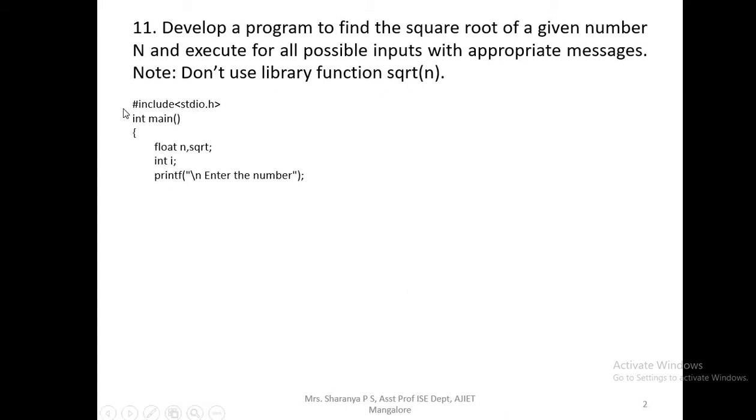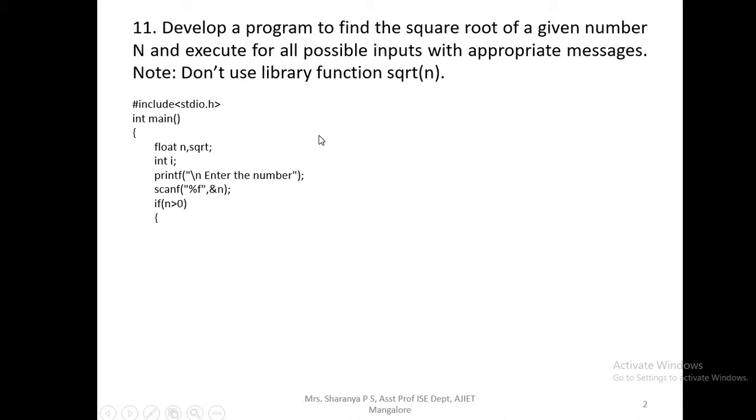If we begin with the code, we have started with the standard io.h header file and defined variables n and sqrt, where n refers to the number taken from the user and sqrt refers to the final result, and i is used to process with the looping statements. We use a for loop, and we take the input from the user, enter the number, which is stored in the variable n.